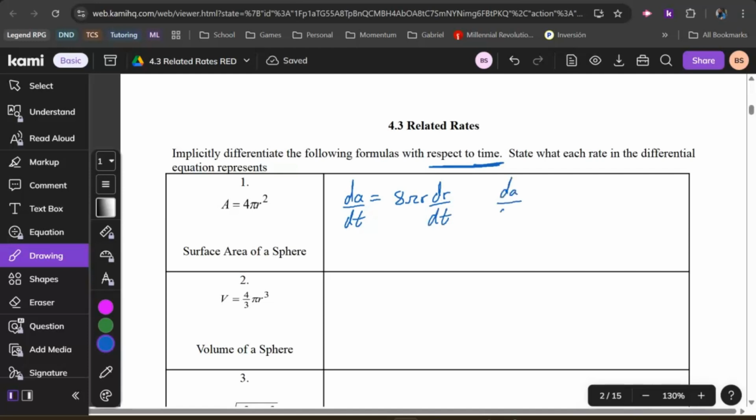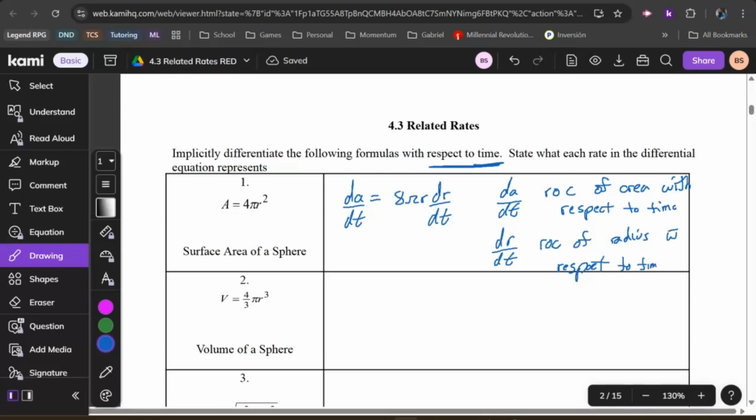And in this case, dA/dt is simply going to be the rate of change, the ROC, of area with respect to time. And dr/dt is basically the same thing, except it is the ROC of radius with respect to time.